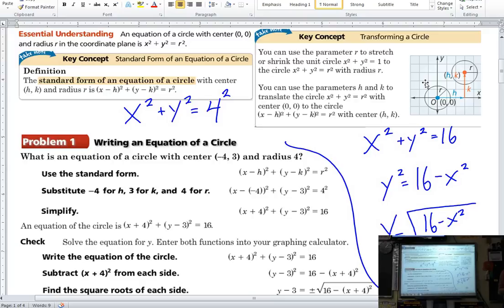Look how cute mine is. It should look pretty perfect.